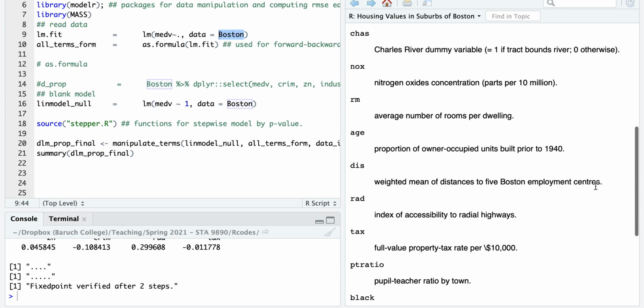Okay, so then we have the 5 employment centers, and then we have this measured distance, which is a weighted mean of distances.